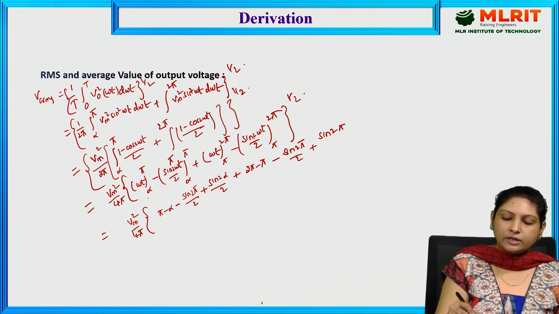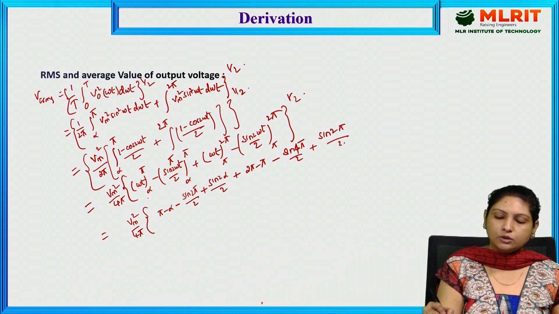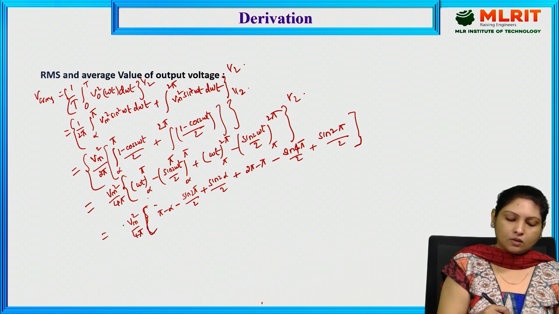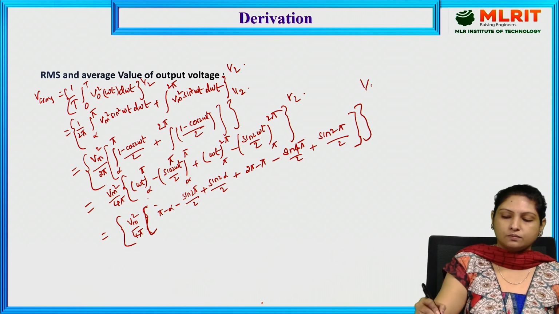This is sine 2 into 2 pi, which is 4 pi, we get sine 4 pi by 2, whole to the power of 1 by 2.